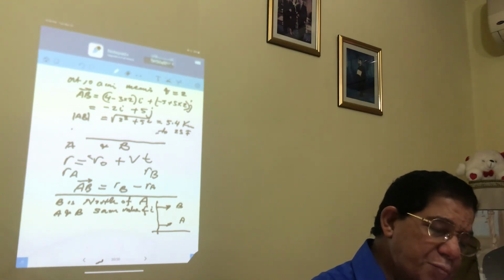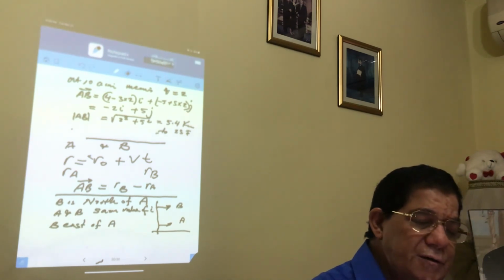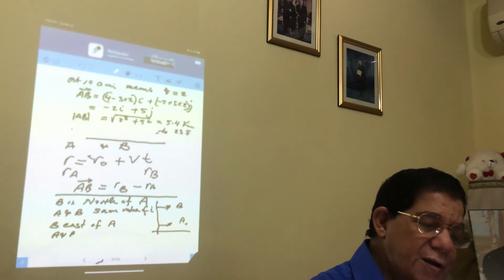If they say B is east of A, then A and B have the same j value.